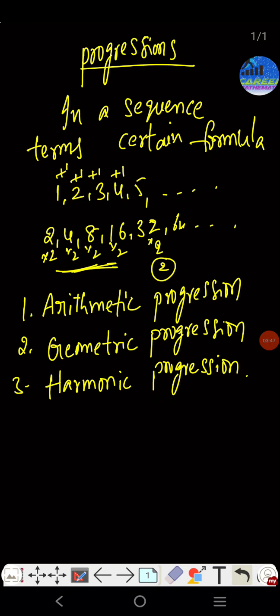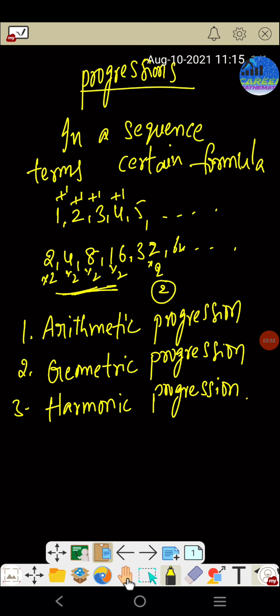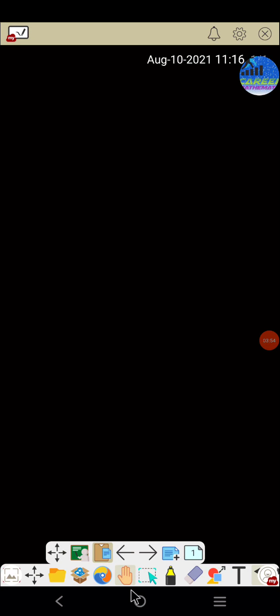How to define the arithmetic progression first? Now see here, children, first we discuss the arithmetic progression.